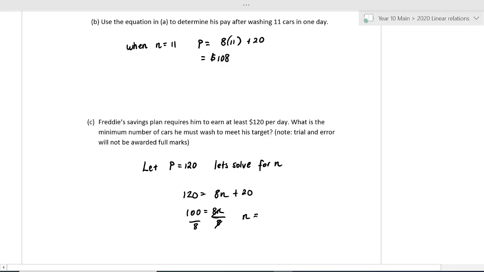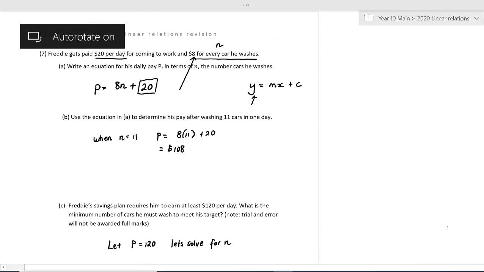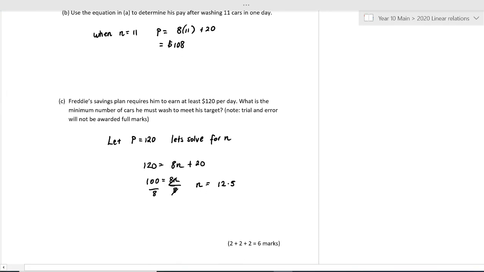96 divided by 8 is 12, so it's going to be 12.5. Now you can't wash half a car, you'd at least make that assumption. So $120 is not 12.5 cars. We're going to have to round up to the nearest car, so there would be 13 cars washed.